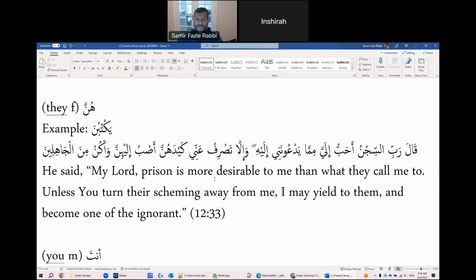يكتبنا. Yes. Okay. Can you read the verse? قال رب السجن أحب إلي مما يدعونني إليه وإلا تصرف عني كيدهن أصب إليهن وأكن من الجاهلين.